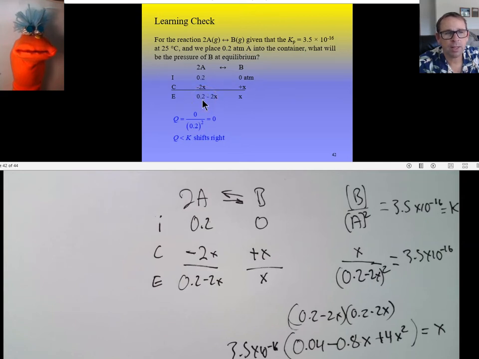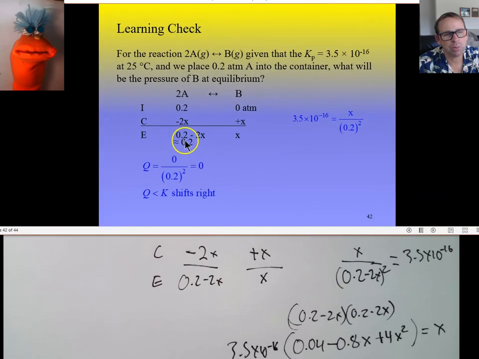And so we can take this 0.2 and disregard the minus 2x, because it's not going to be a very large number. So 0.2 minus 2x is going to be about 0.2 because the shift is so very small. Therefore, it becomes easier to solve the problem.